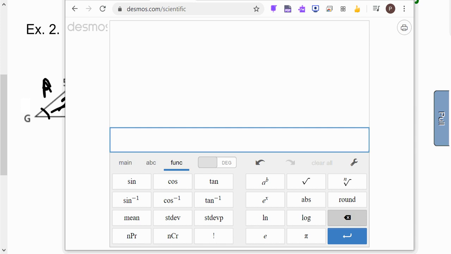And you're going to see the sine to the power of -1, the cosine to the power of -1, and the tangent to the power of -1. And what that means is the inverse of sine or cosine or tangent. That's the operation that undoes a sine, cosine, or tangent operation. Usually on most graphing calculators, you can find these right above the sine, cosine, and tangent buttons in the second operation. So if you hit the second button and then sine, cosine, or tangent, it usually gives you these options.